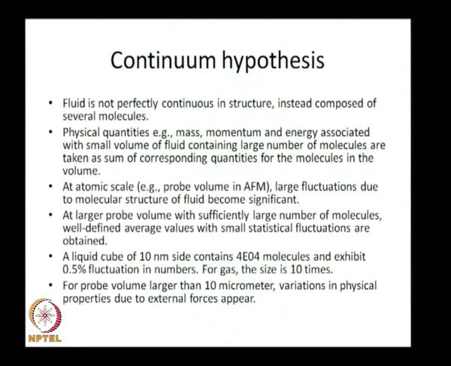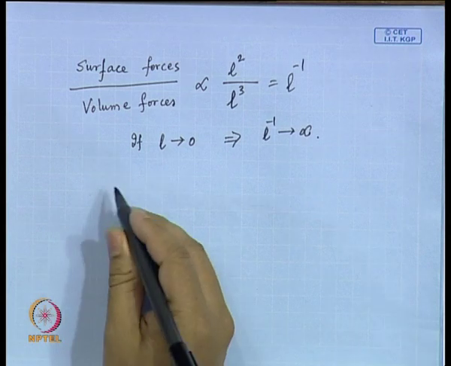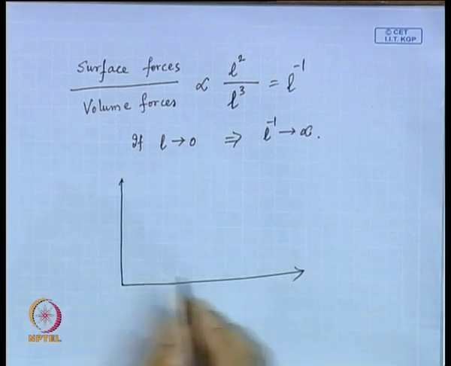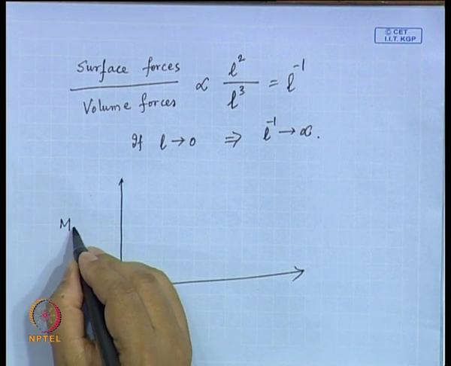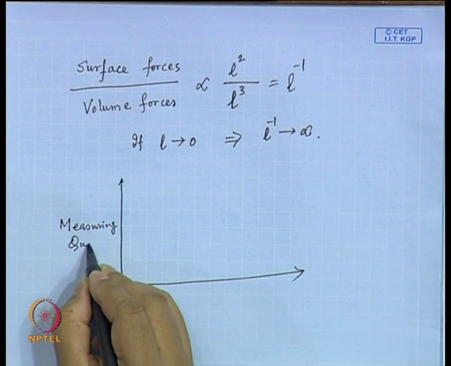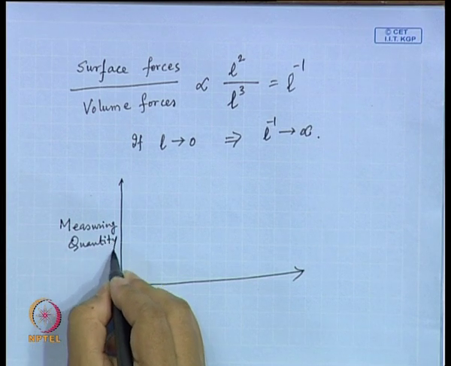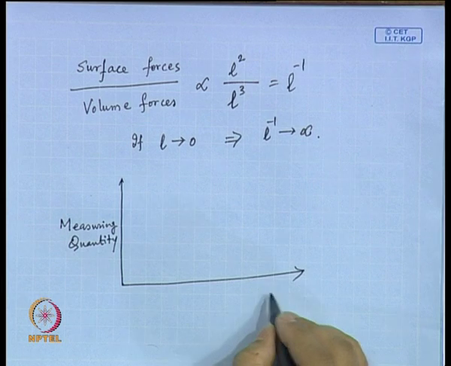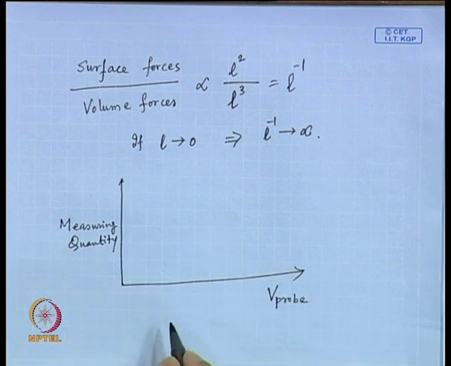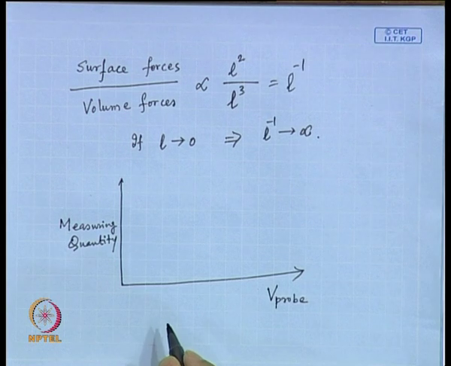Now, if you plot something called the measuring quantity on the y axis, and on the x axis the volume of the probe, okay, you are using a probe to find out the density or the pressure at a point.